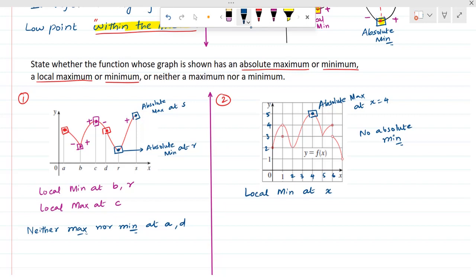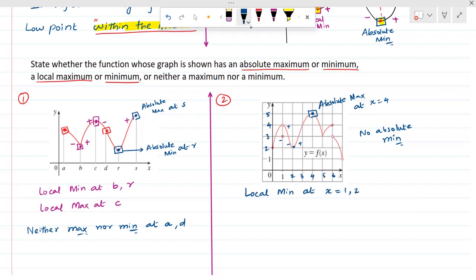So this is a local minimum. Here it is decreasing, but then it is increasing, therefore it is at x equals 1. And then the next minimum value is at 2, where it decreases and then increases.